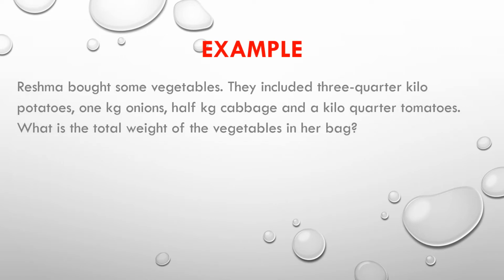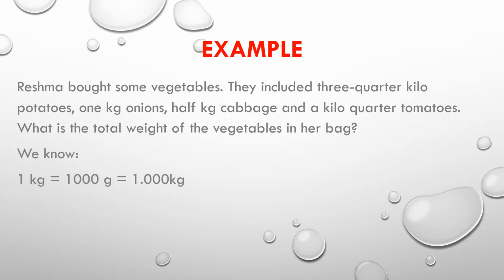Now we will see one example. Reshma bought some vegetables. They included 3/4 kilo potatoes, 1 kg onions, half kg cabbage and 1 and a quarter kilo tomatoes. What is the total weight of the vegetables in her bag?